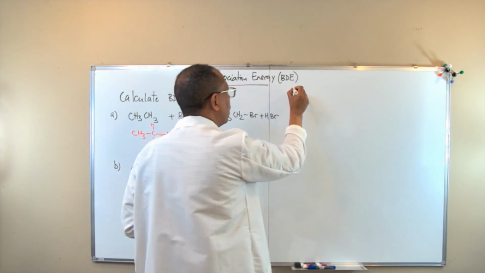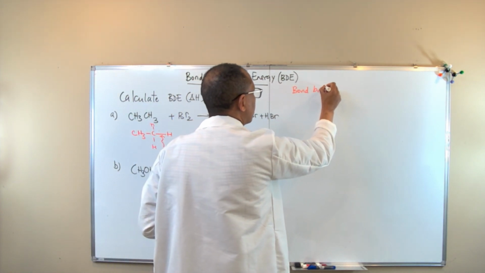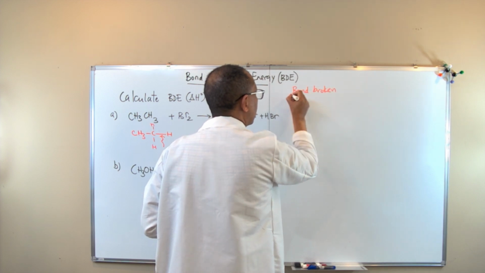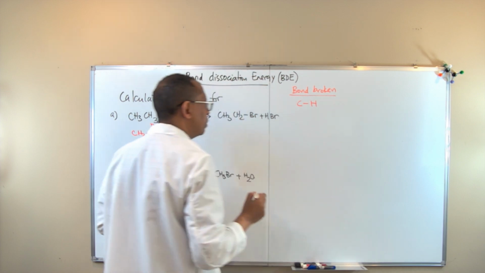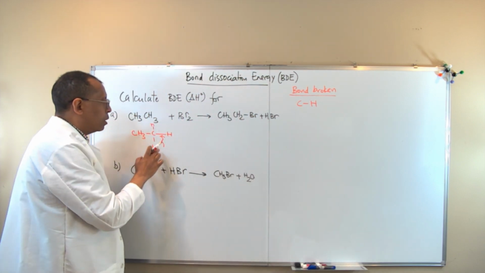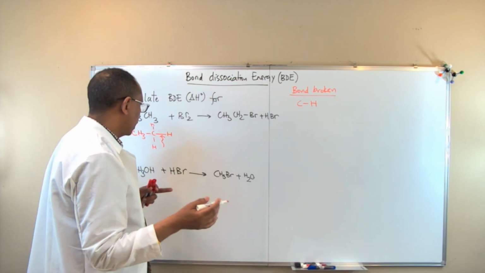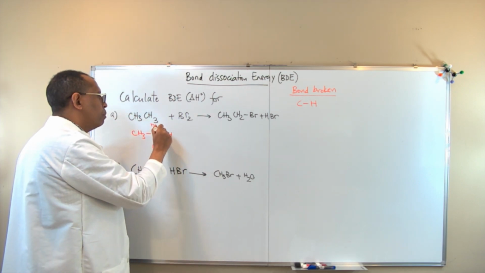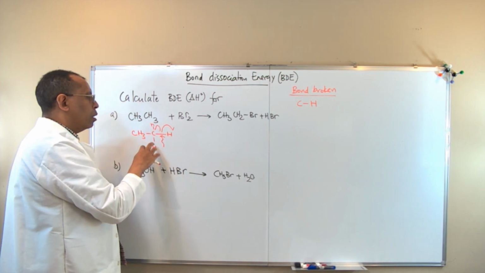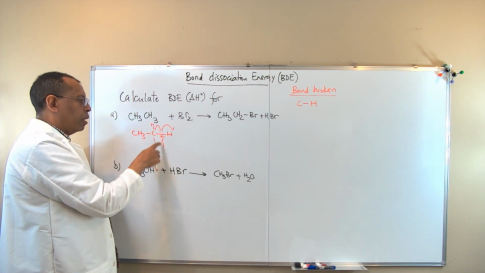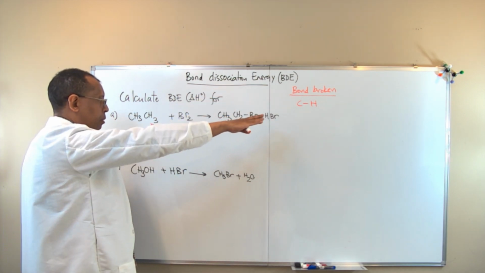So I will say here, bond broken in the top reaction, C-H, that's what is being broken. And another bond that's being broken, I told you, you don't have to know exactly now, is broken homolytically. That means it is converted into Br2 radicals. So that is a bond that's broken.